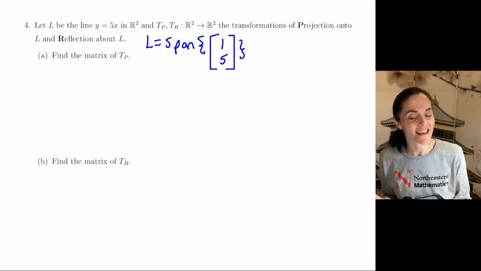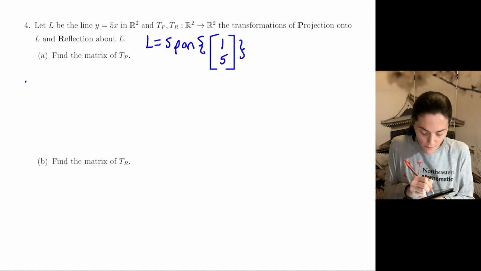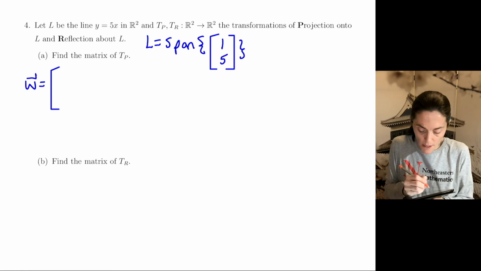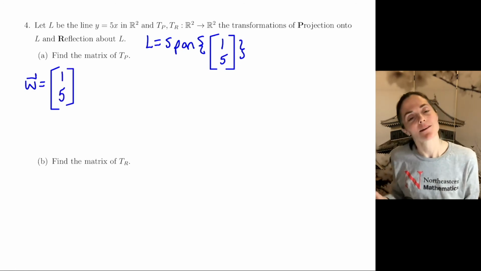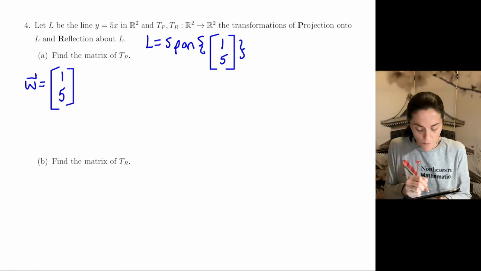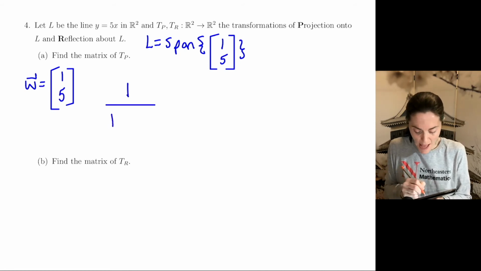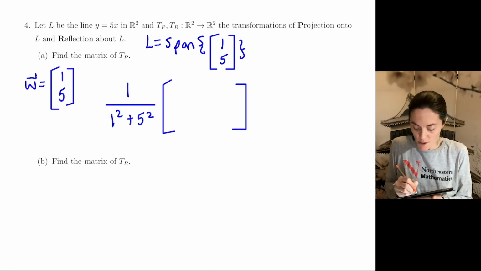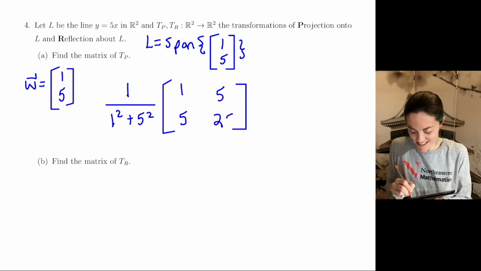Now that we have this, we can just take, say, W to be this vector, and then we can immediately write down the matrix of projection, and similarly, we can use this to find the matrix of reflection. So the matrix of projection is 1 over W1 squared plus W2 squared, and then we have W1 squared, W1 times W2, W1 times W2, and W2 squared.